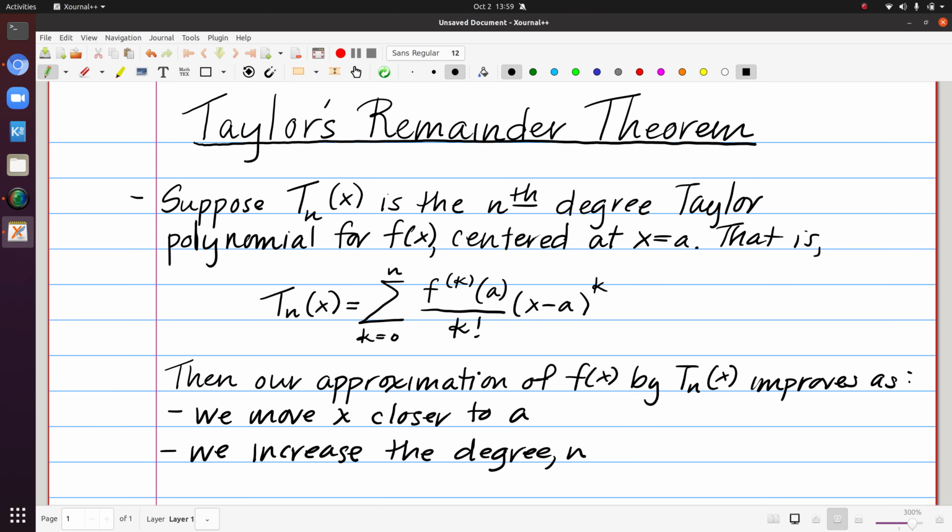Because of that, we can start to think about using the polynomial to approximate the function. And anytime we have an approximation, we might be interested in the resulting error.